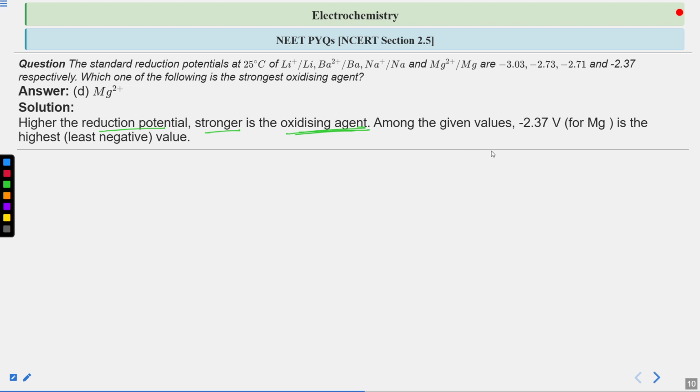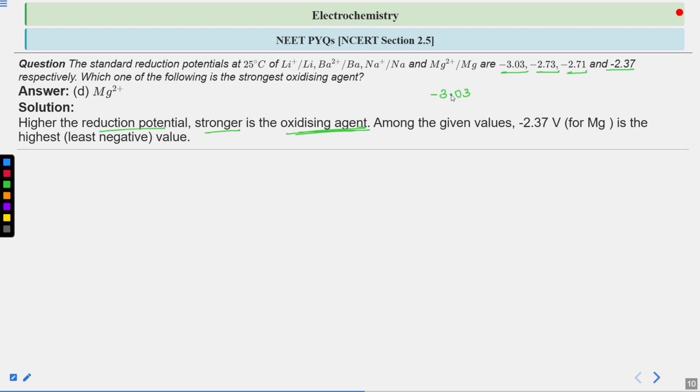Now among the given values, if you compare minus 3.03, minus 2.73, minus 2.71, minus 2.37 and arrange these in increasing order, the lowest is minus 3.03, right? It is so basic that in negative terms, as the value increases, its overall magnitude decreases.